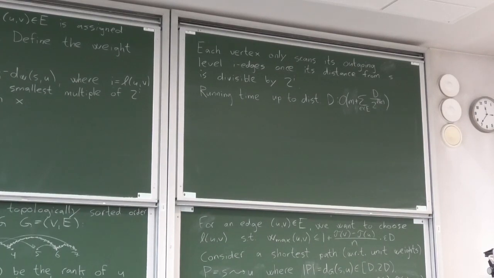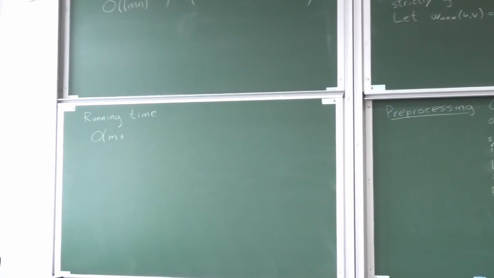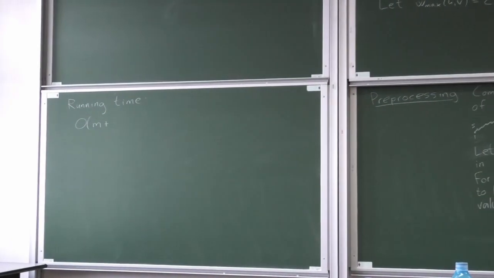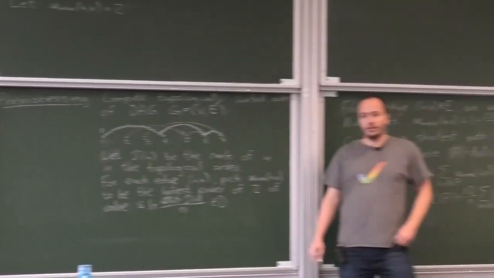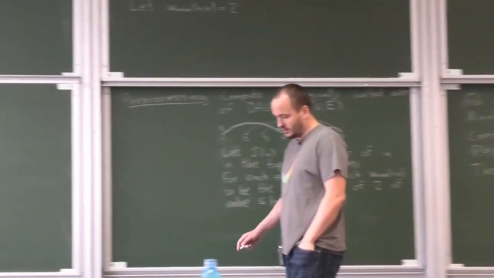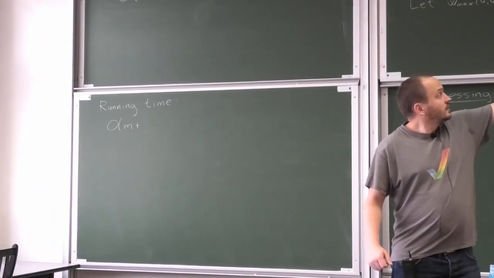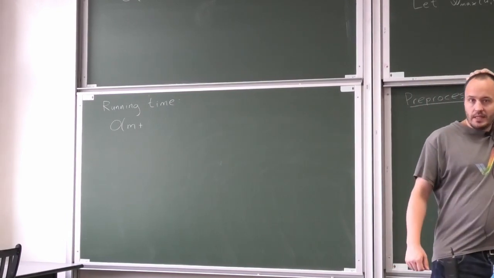We had this range from d to 2d. We wanted to approximate distances in that range. So what would you choose the distance up there to be instead of d?